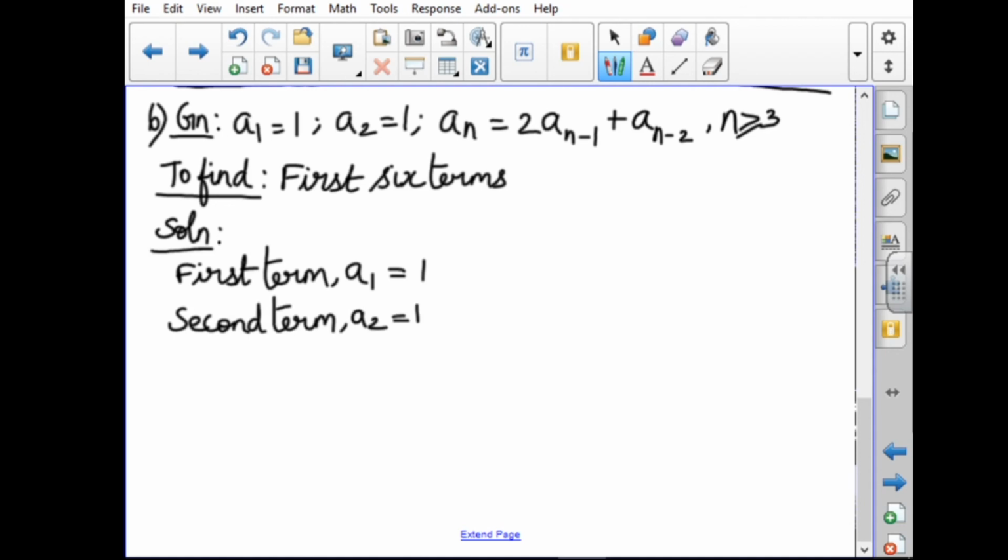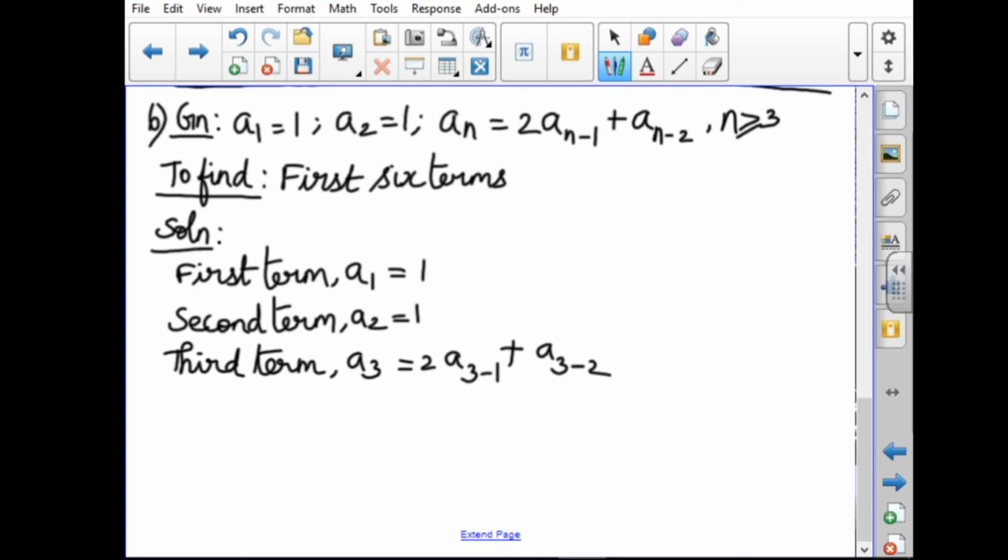Now, for n greater than or equal to 3, we have to use this expression. For the third term, A3, for n equal to 3, you have to substitute the value. So 2 into A3 minus 1 plus A3 minus 2.